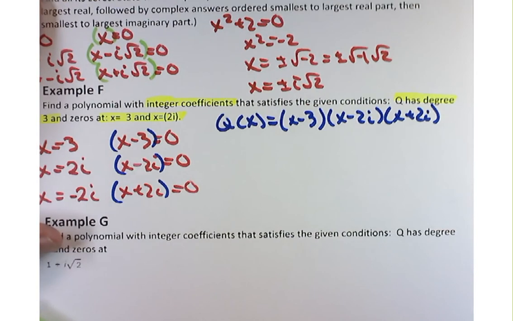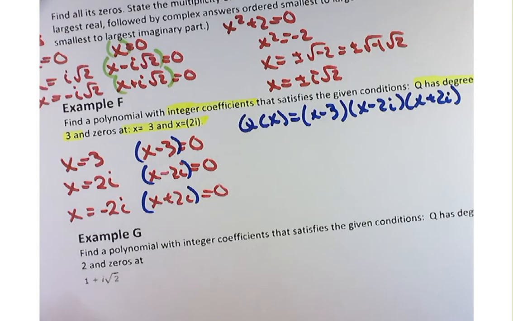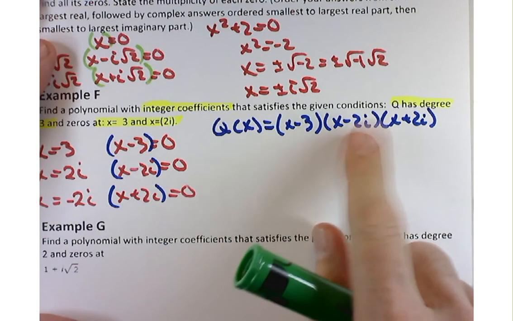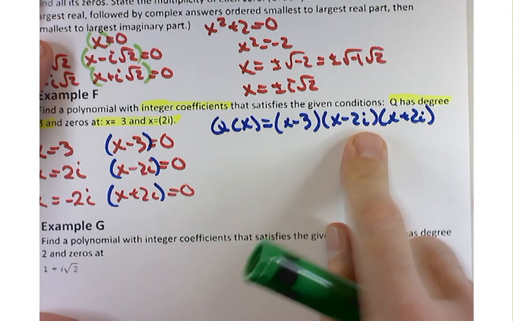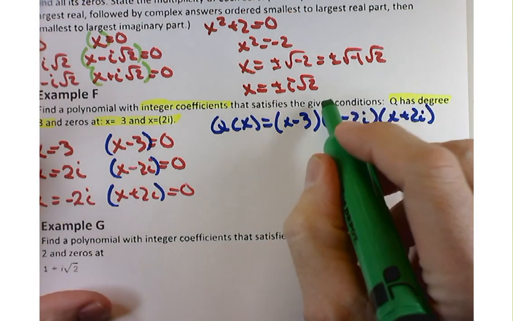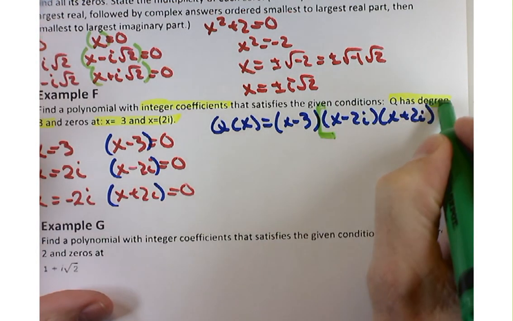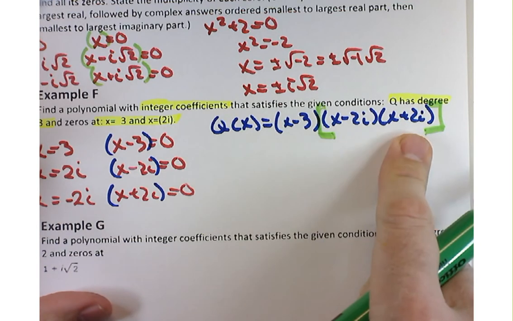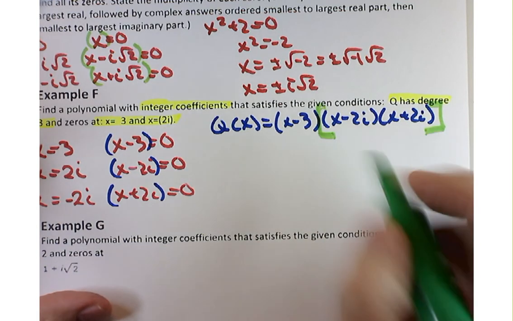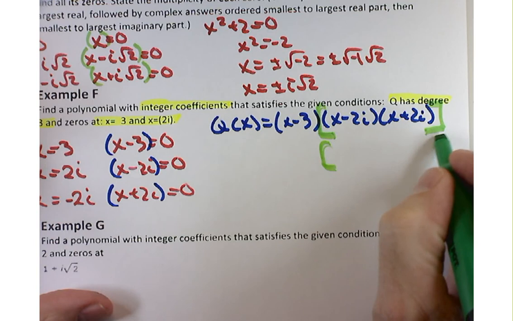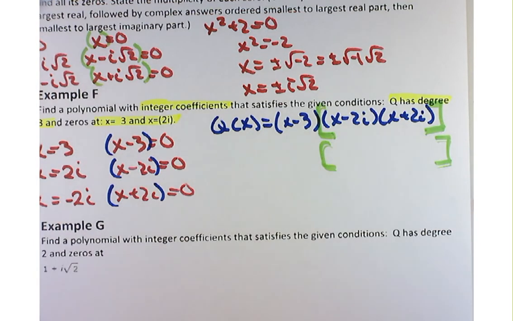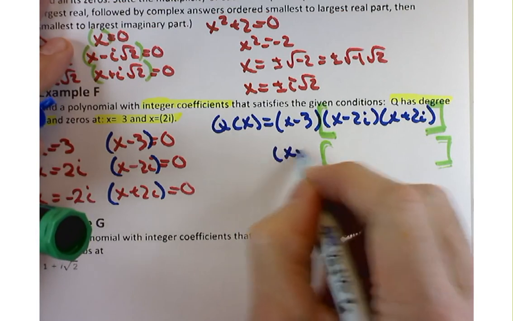Let me give you a hint as to how to multiply this together. Start with the conjugate pairs here. Those two. We're going to start by multiplying those two together first. So that x minus 3 out in front is just going to get left here for the moment.